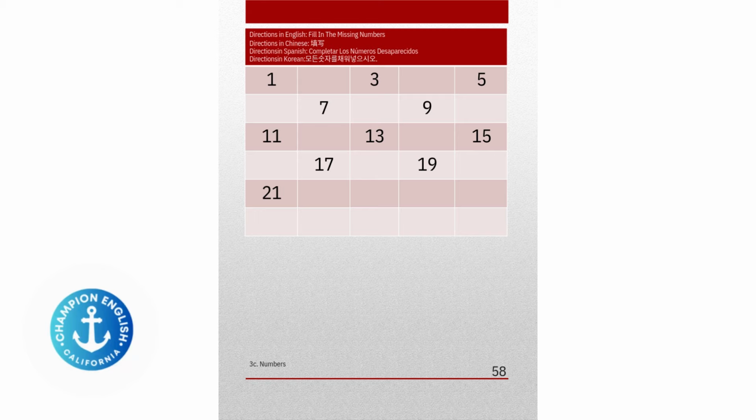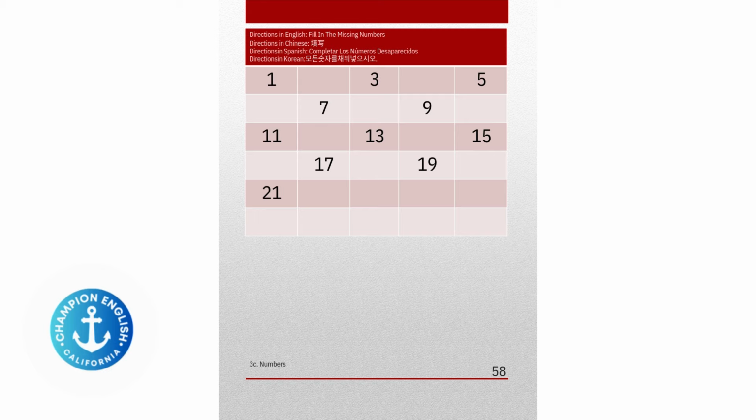All right, this time we're going to do the same thing, except I'm going to say 1 and you will say 2. And then I say 3 and you say 4. And I will say 5 and you will say 6. And I will say 7 and you will say 8. And I say 9 and you say 10.